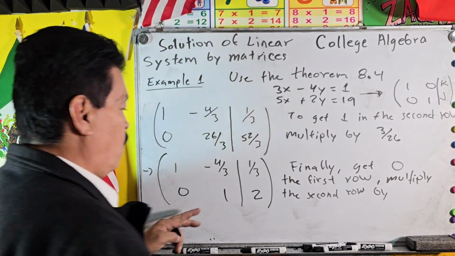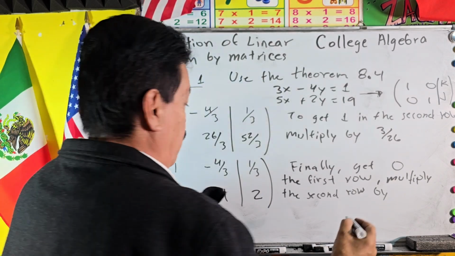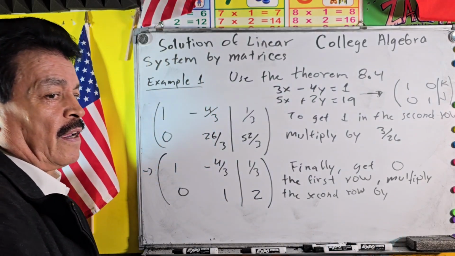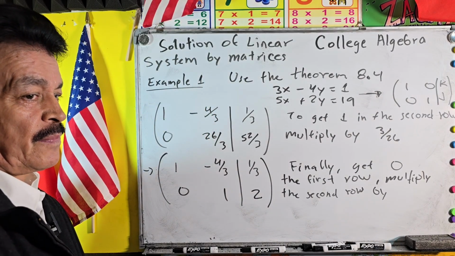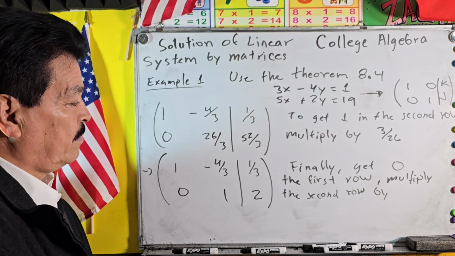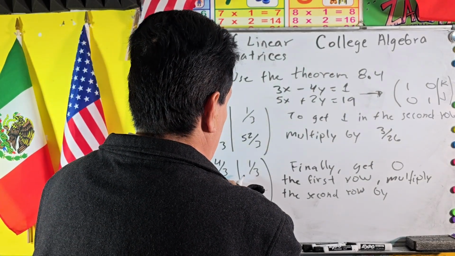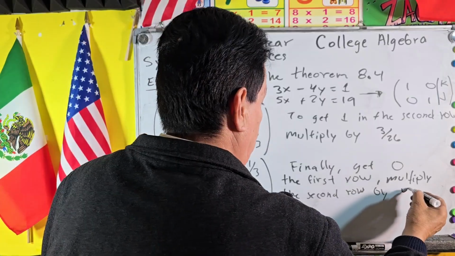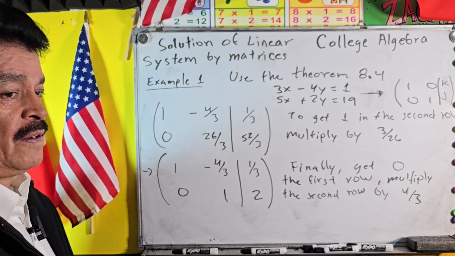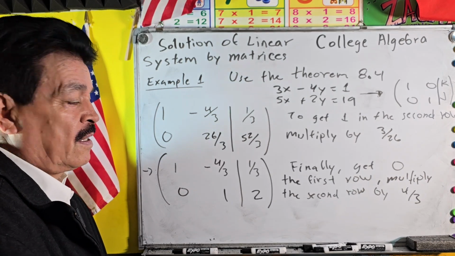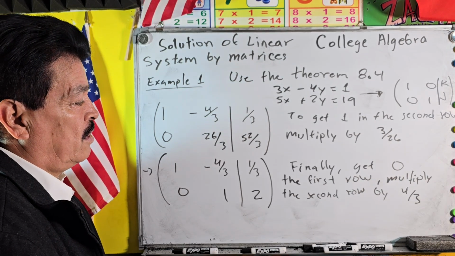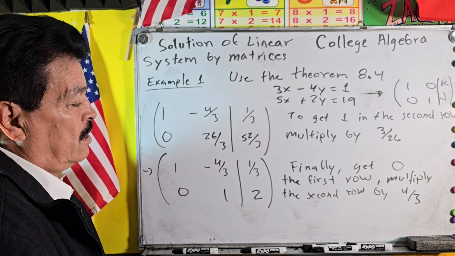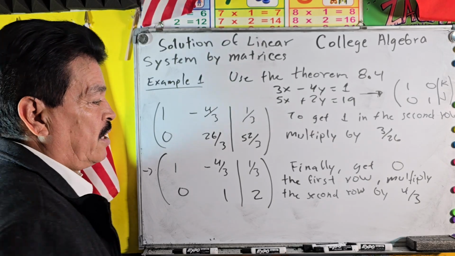By 4. Fourth, 4, yeah, fourth, to get 0. Yeah, it is right.